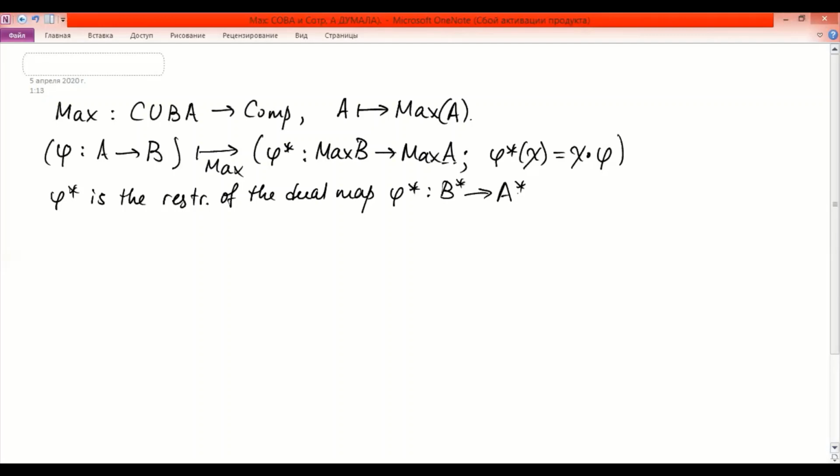And we know that the dual of any bounded operator between Banach spaces is weakly star continuous. So when we restrict phi star to the character spaces, we get a continuous map. So phi star is continuous.